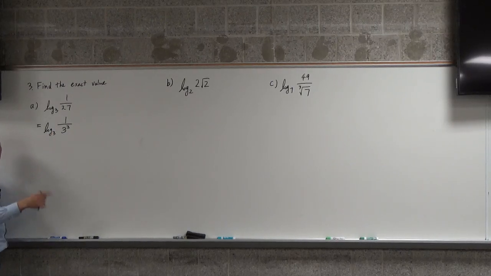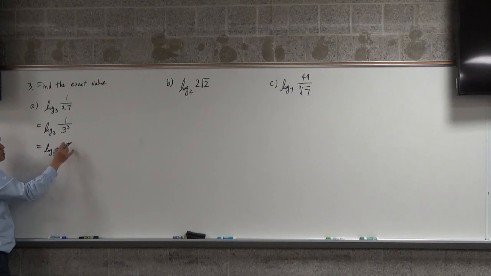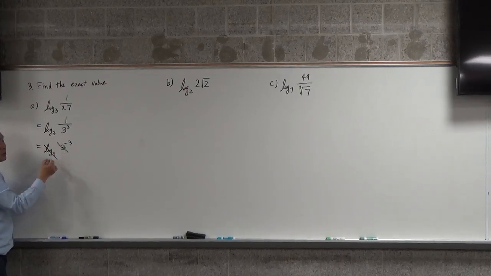And we know that 3 times 3 times 3 is 27, so you write it like that. And then 1 over something can be made to be not a fraction by introducing a minus power, right? If you know that, then you can get rid of the 3, which will give you negative 3.